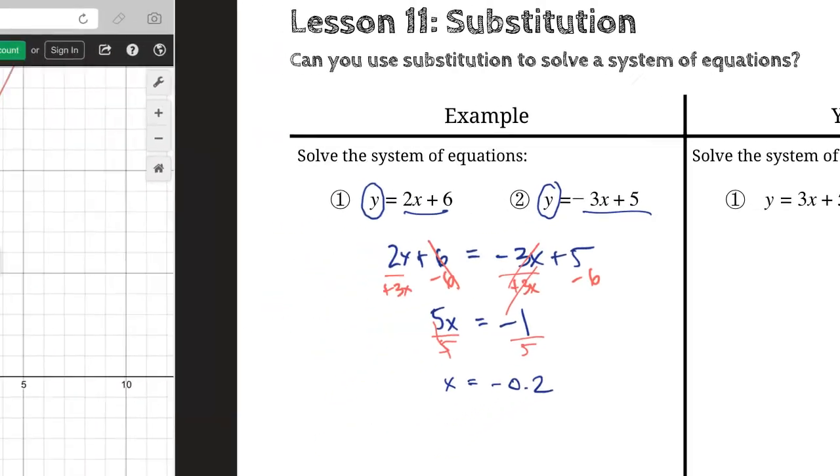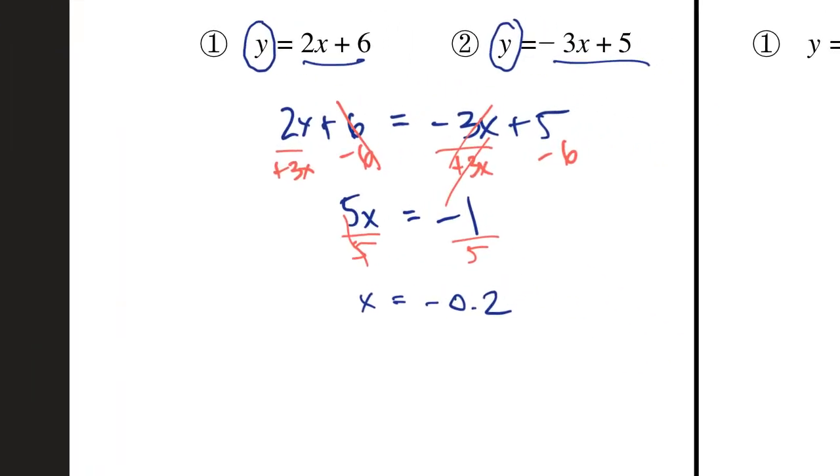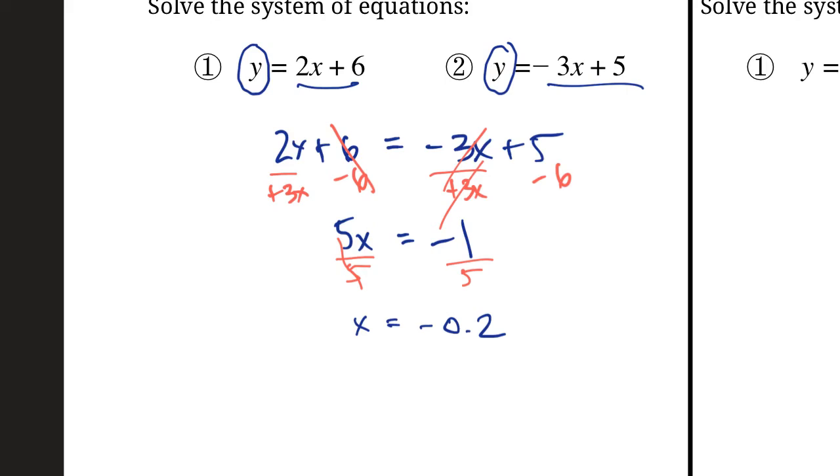So does that match up with the solution that we got? Yeah, it does. The x over here was negative 0.2, and that's what we got for our x. So we're on the right track. Okay, so now we can find y. How do we find y? Well, similar to elimination, once we found one variable, we can just plug it back in to one of the original equations to find the other variable.